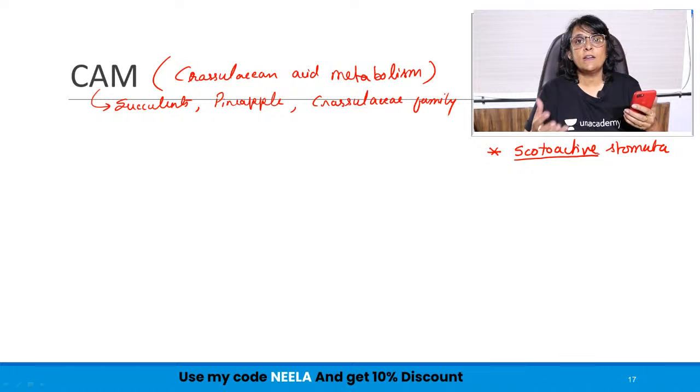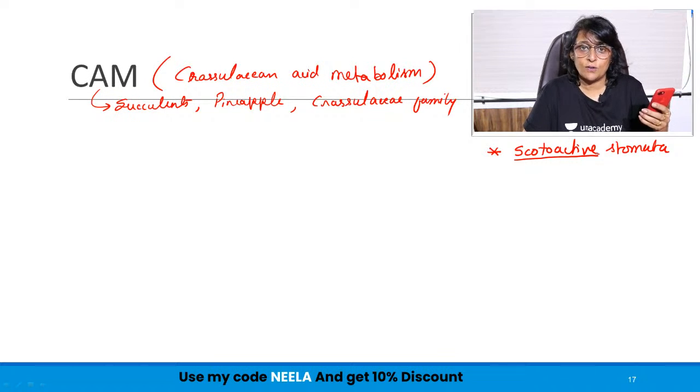Just by looking at their faces, I'm able to assess that something is not clear. But in such a class where I'm not able to see you, what is the method by which I would be able to assess whether you are able to understand it or not?